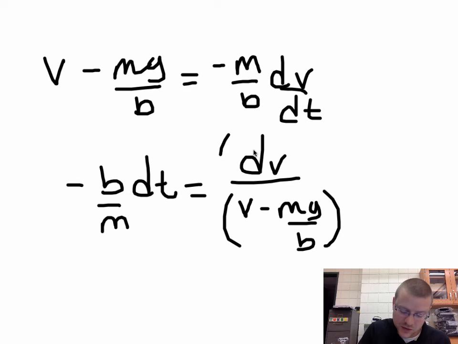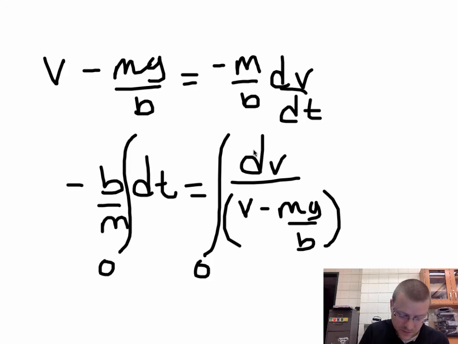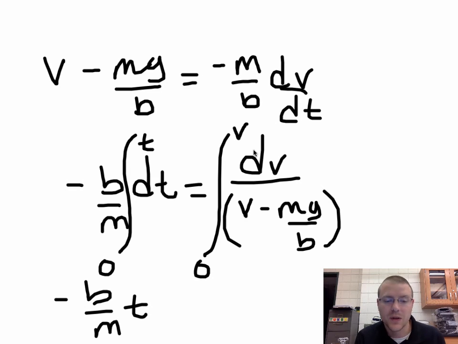What I'm going to have to do to solve for velocity is integrate both sides from 0 time until some time t. And for our velocity function, we're going to start with our initial velocity of 0 until we reach some velocity v. Those are going to be the bounds of my integration. So we have to integrate both sides of this. Integrating the left side should be very easy. dt should just become negative b over m multiplied by t.